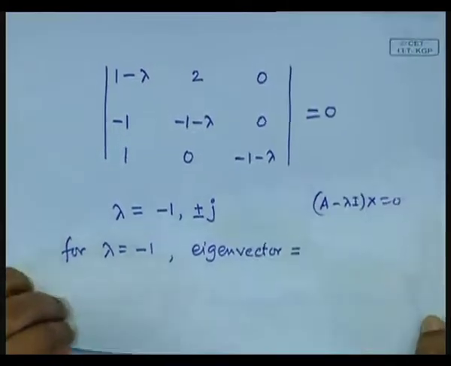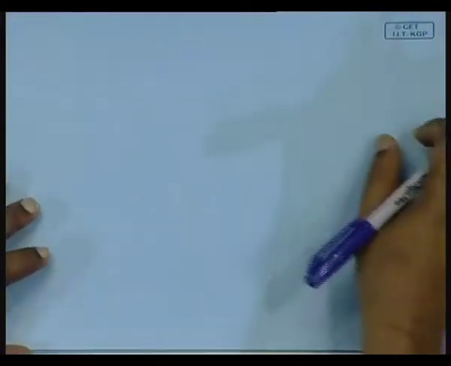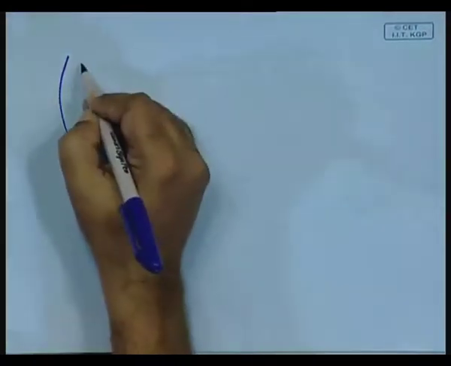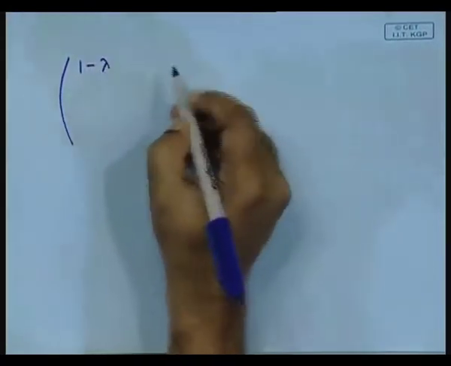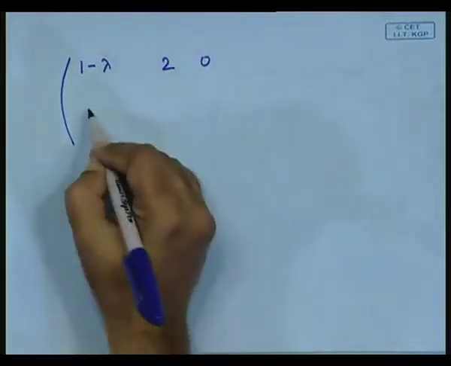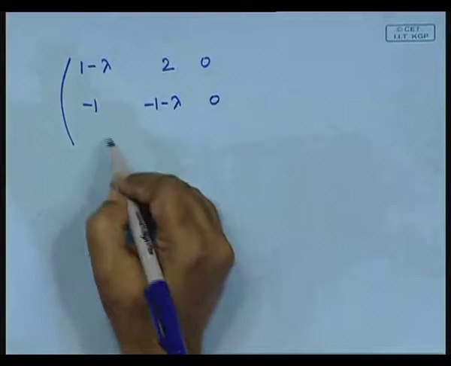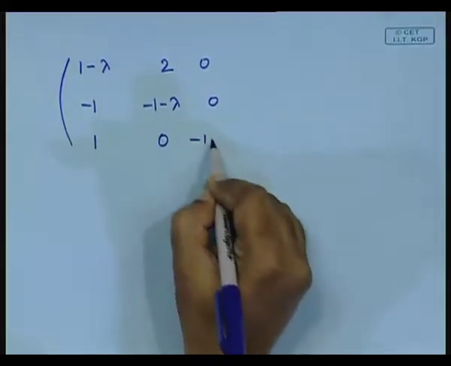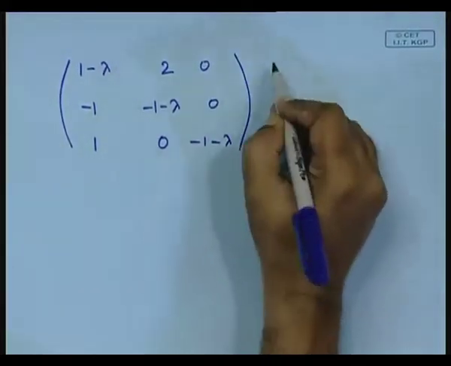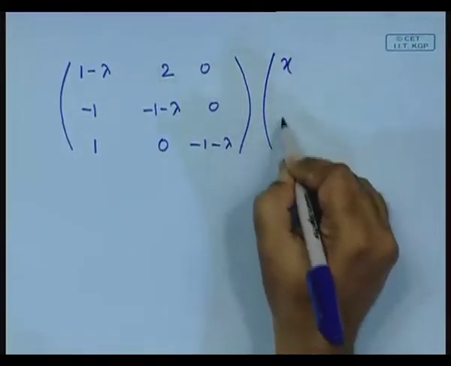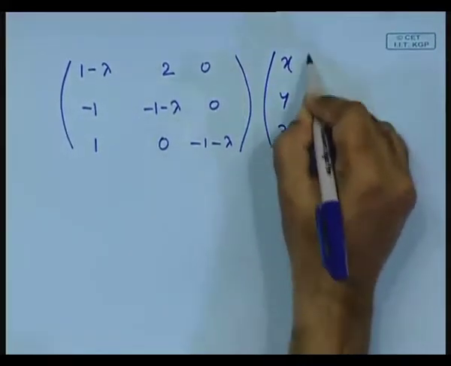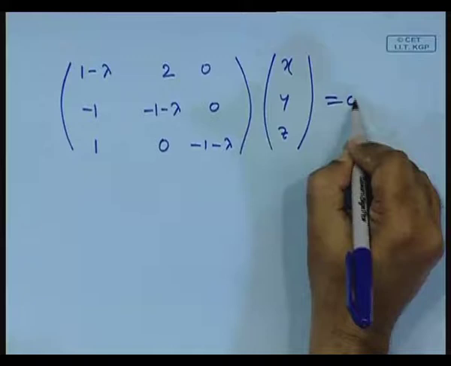Well, let me do it, since you seem to be a bit confused. Okay, let me do it. A minus lambda I will be [1 minus lambda, 2, 0; minus 1 minus lambda, 0; 1, 0, minus 1 minus lambda] times x y z. Fine.